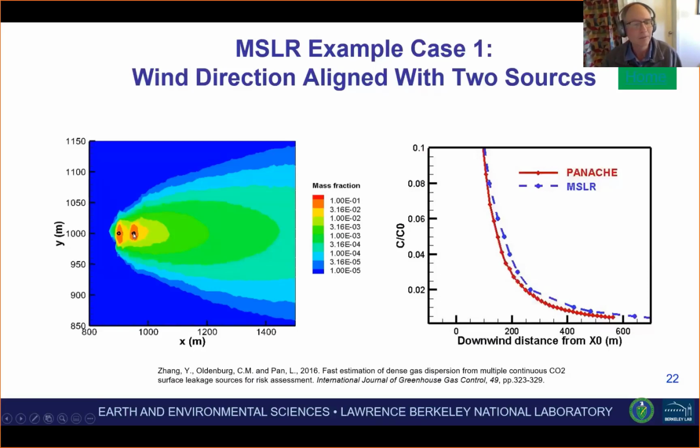So we mocked up this problem where we had two sources, we have a wind, and we compared the MSLR, or the Britter and McQuaid approach, to the Panache approach, and you can see the dilution is pretty much matching quite well. So the MSLR seems to be a pretty good representation of very simplistic atmospheric dispersion, but of even a dense gas. That's really the point. These are for dense gases.